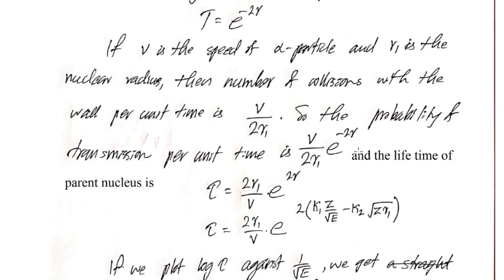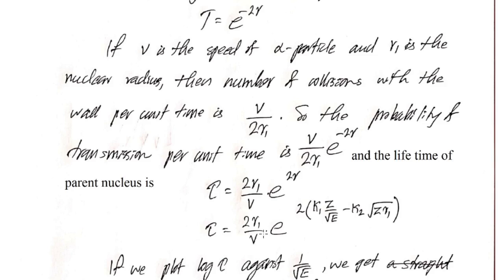So the lifetime of the parent nucleus will be inversely proportional to the probability of transmission. So the lifetime of the parent nucleus tau is equal to the inverse of this probability, that is equal to 2r1 by v into e raised to 2 gamma.